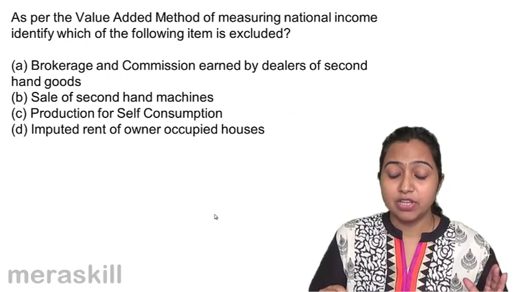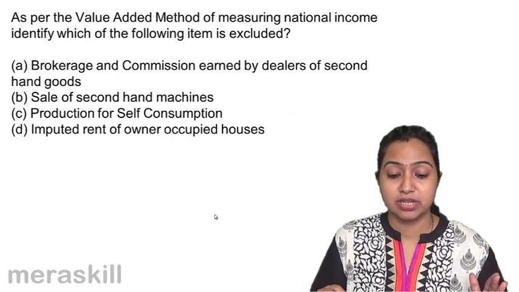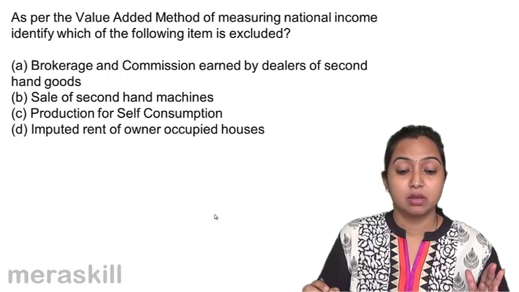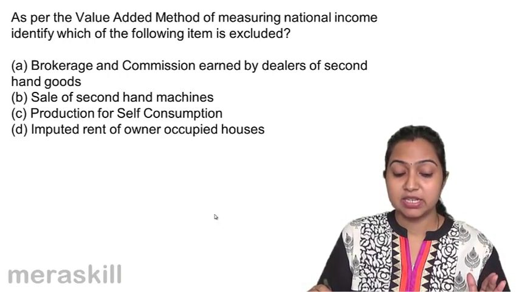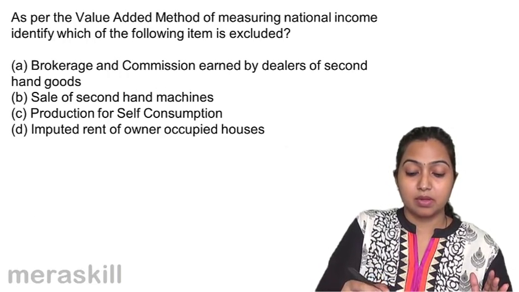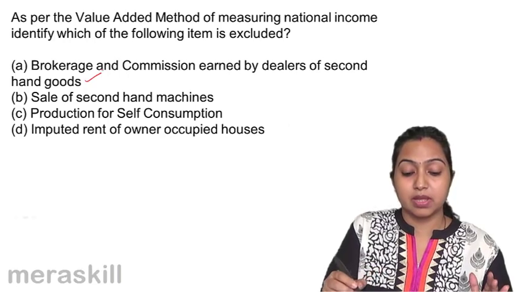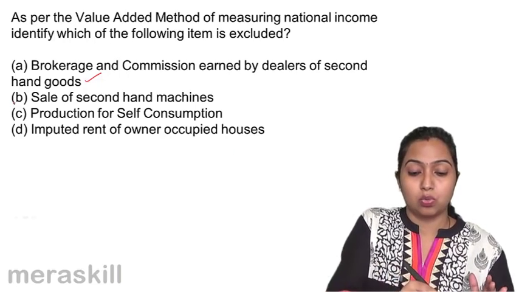So, which of the following items is excluded in measuring national income while we are computing it by value-added method? Brokerage and commission earned by dealers of second-hand goods, they should be included. Sale of second-hand machines, should they be included? No. So, which item should be excluded?